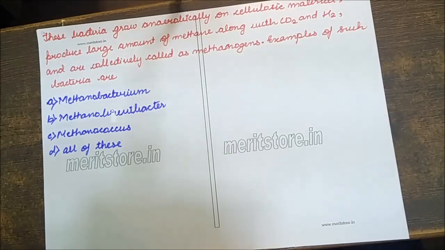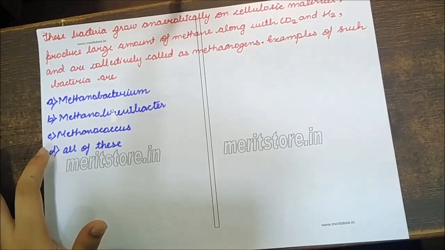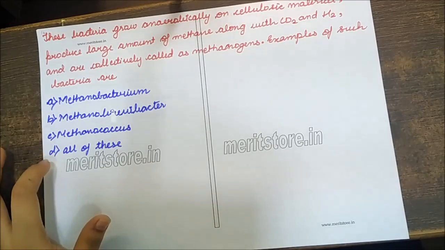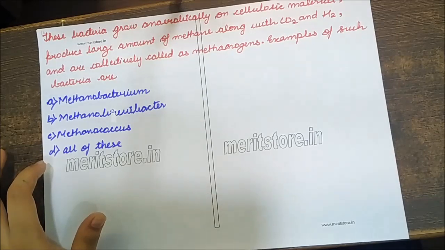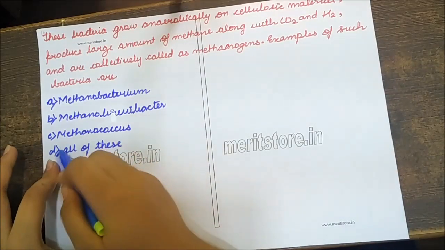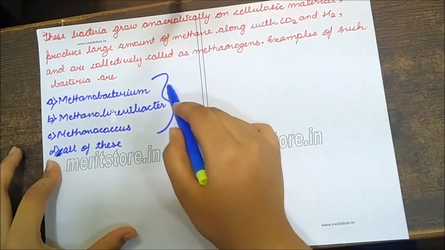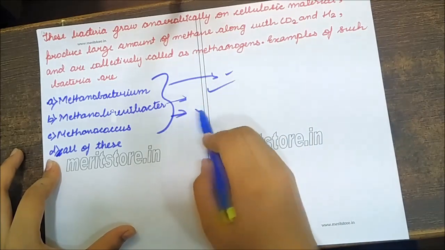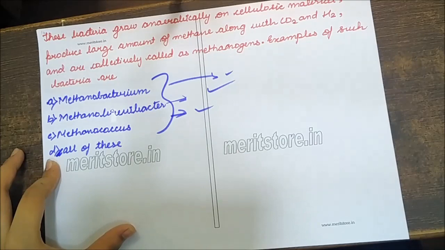Examples of such bacteria are Methanobacterium, Methanobrevibacter, or Methanococcus, or all of these. And the right answer for this is all three of them, that is Methanobacterium, Methanobrevibacter, and Methanococcus. Let's know how.